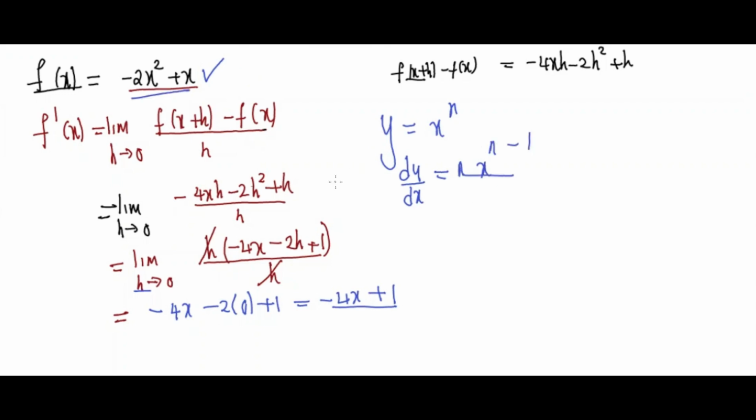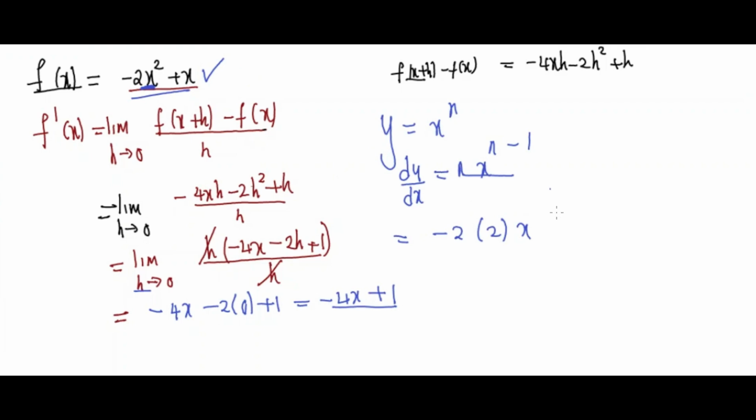This time, our n in this term is 2, so we're going to drop 2. Then we subtract 1 from the exponent. So 2 minus 1 is 1.